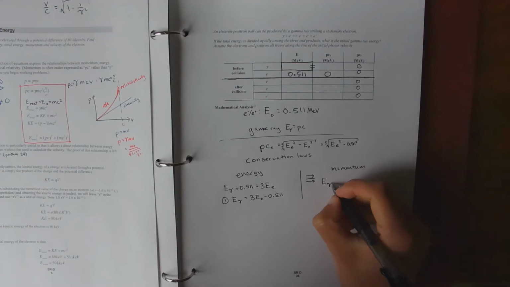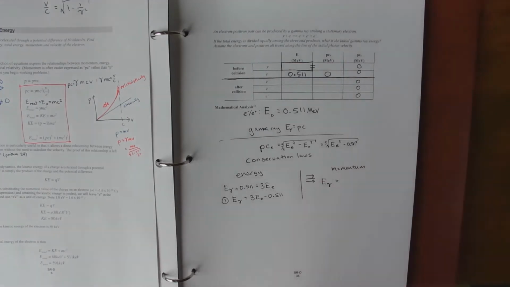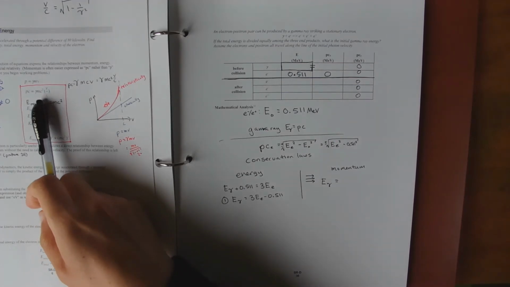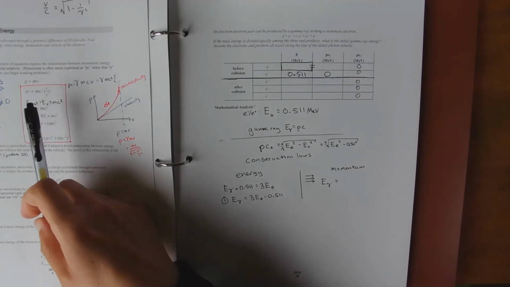So I start off with E gamma, and then if the total energy is divided equally among the three end products and they have the same mass, then gamma must be the same for all three, which means the velocity is the same for all three, which means the momentum has the same magnitude for all three particles.